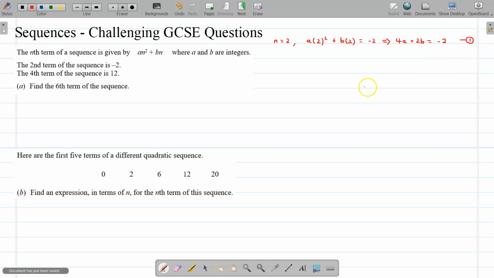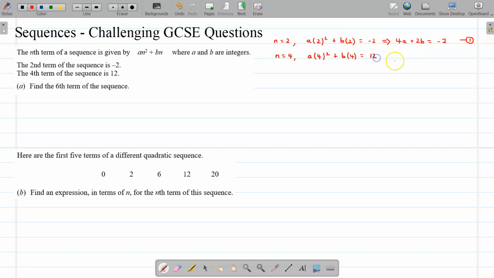We're now going to create another equation linking a and b because we know that when n is 4, in other words the fourth term of the sequence, that's 12. So when n is 4, we get a times 4 squared plus b times 4, and that gives us 12.